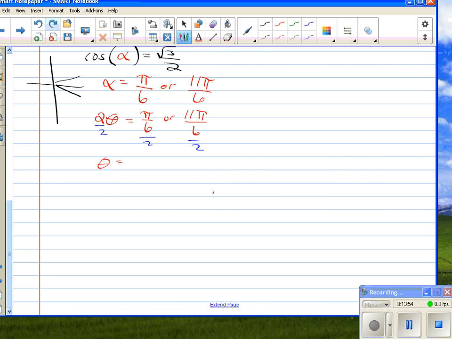Theta is going to equal pi over 6 divided by 2 is pi over, no. Pretend you're dividing by a fraction. 2 over that fraction is 2 over 1, so that means you're multiplying by 1 over 2, which is going to make it pi over 12. 11 pi over 6 divided by 2. Dividing by 2 is the same as multiplying by a half. So 1 over 2 give you 11 pi over. That's vanity.